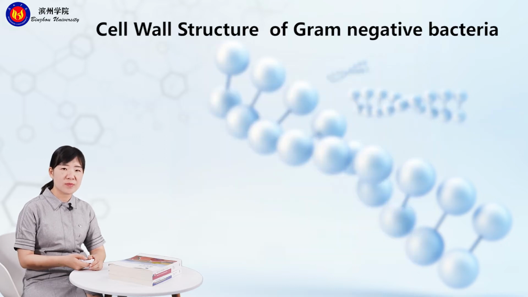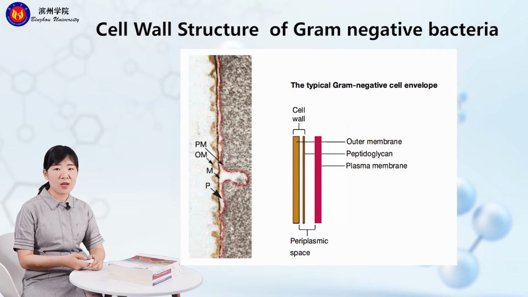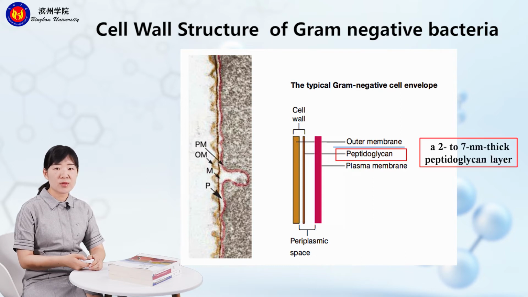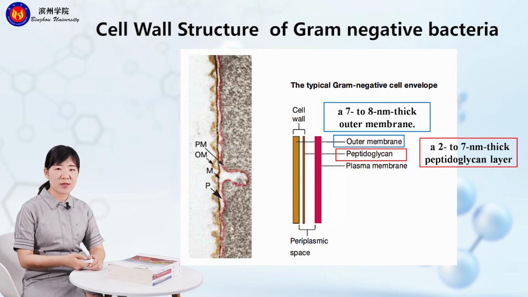In contrast, the cell walls of E. coli and many other typical gram-negative bacteria have two distinct layers. See the picture. There is a 2 to 7 nanometer thick peptidoglycan layer, covered by a 7 to 8 nanometer thick outer membrane.